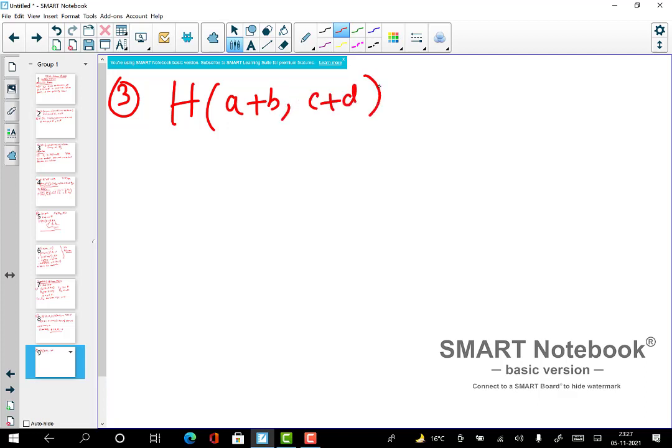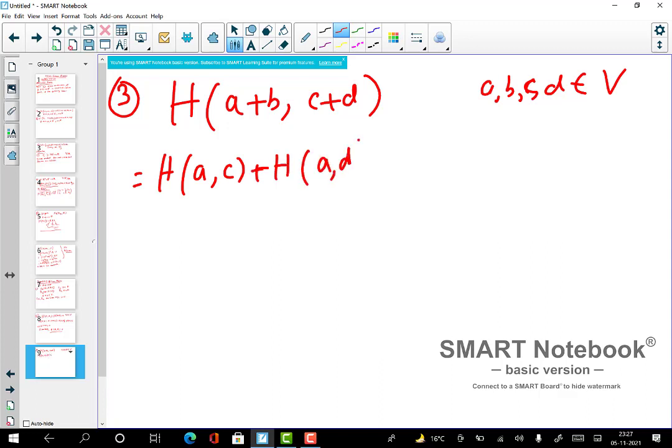let us say a, b, c, d are vectors in V, then h of a plus b, c plus d will be nothing but the sum h of ac plus h of ad plus h of bc plus h of bd.